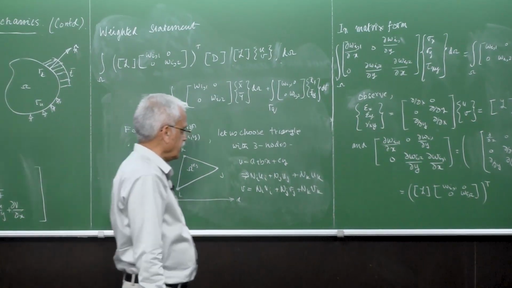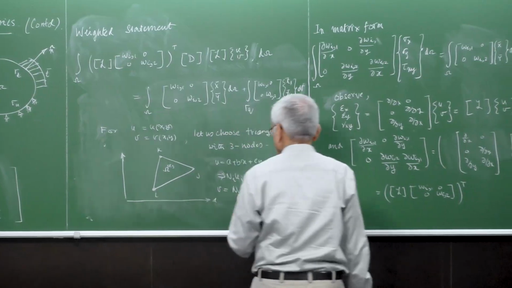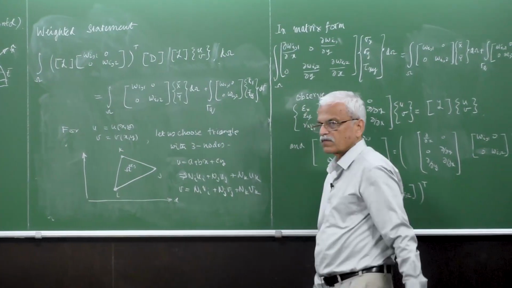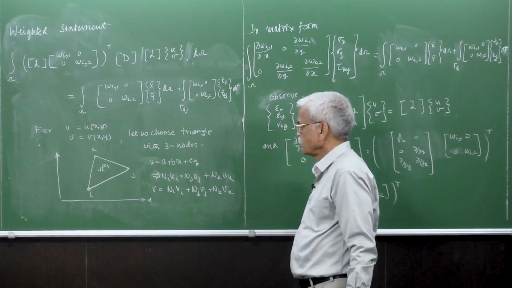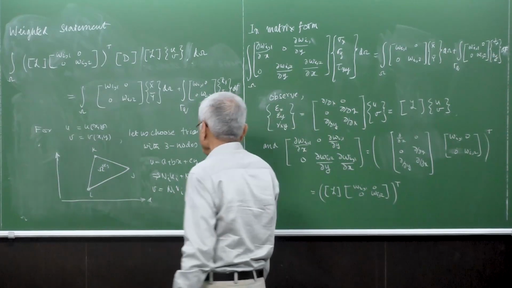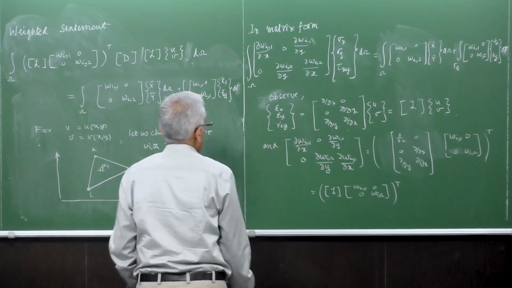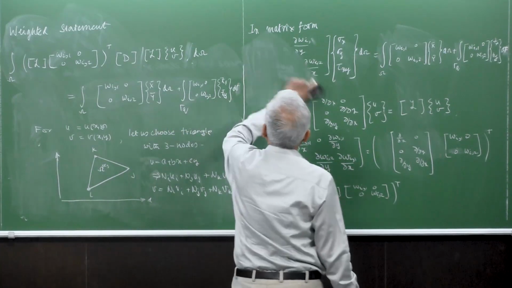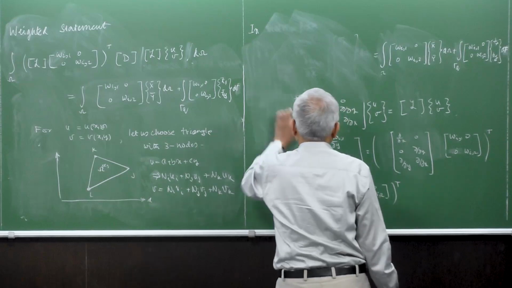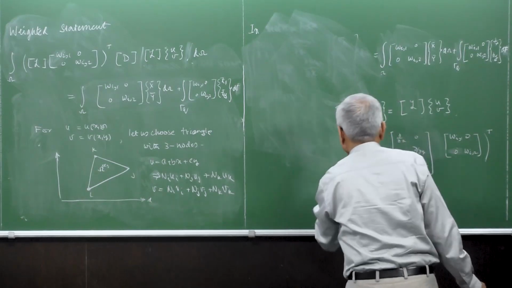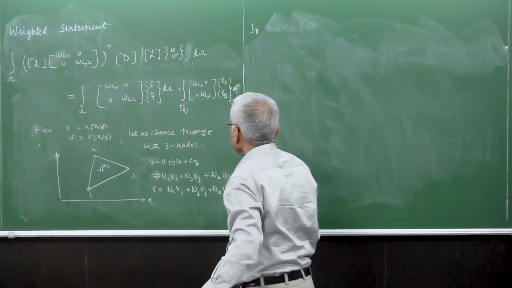So u and v, these are now in terms of the nodal values of the displacements ui, vi, uj, vj and uk, vk, where you recall that Ni, Nj, Nk are the shape functions corresponding to the nodes i, j, k, right?